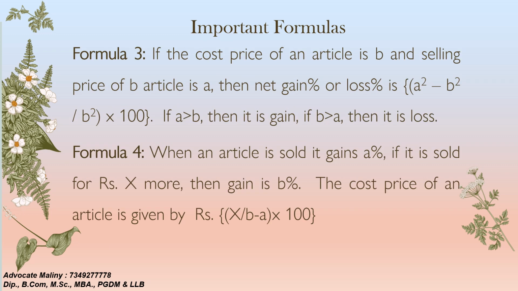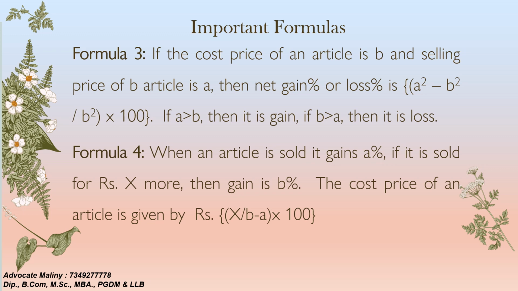This is formula number 3. If the cost price of an article is B and the selling price is A, then the net gain percentage or loss percentage is (A square minus B square) divided by B square, whole into 100. If A is more than B, then it is a gain. If B is more than A, then it is a loss.